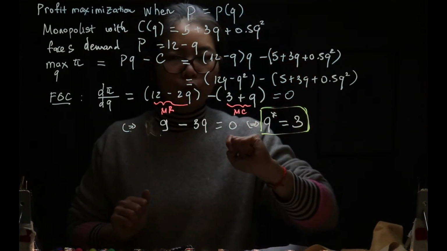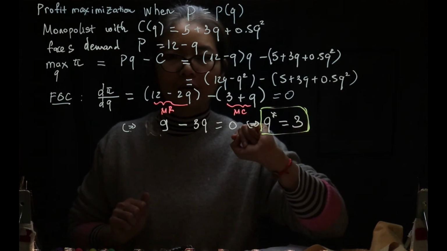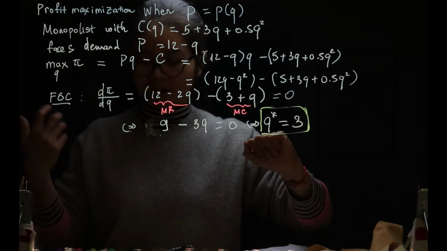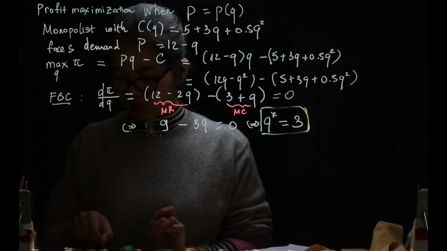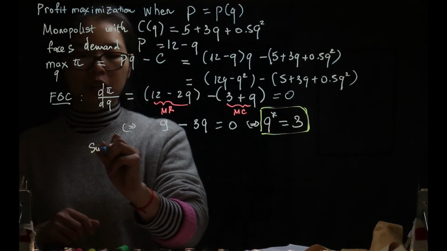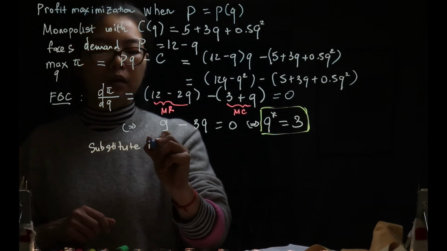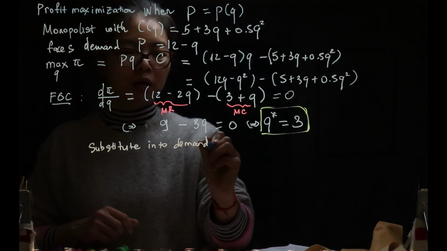And now the next question is, if it produces this quantity, what will be the market price? Because it has the power to influence the market price, right? So substitute into the demand curve.